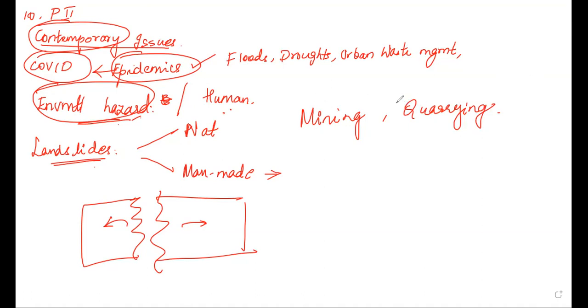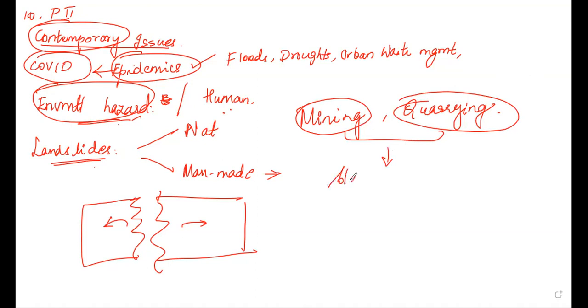Both mining and quarrying will involve blasting of explosives to get the minerals. So that blasting, that explosion, will lead to some amount of landslides.